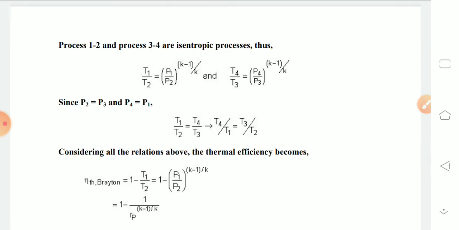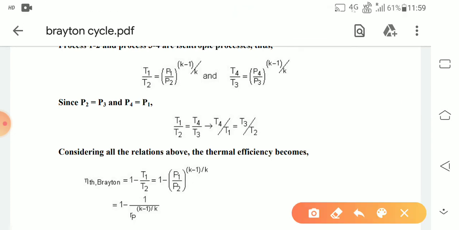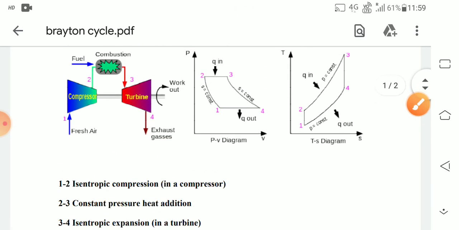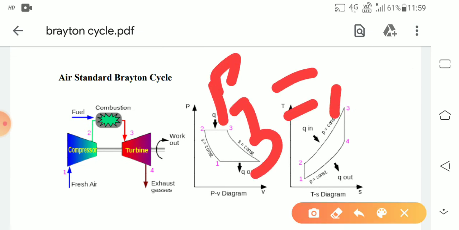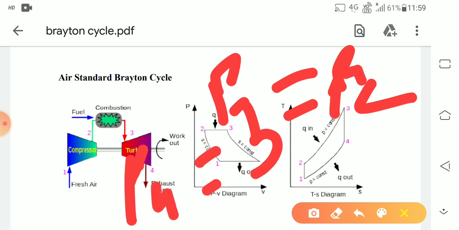For process 3 to 4 you can write T4 by T3 is equal to P4 by P3 whole power k minus 1 by k. Since the pressure remains constant, P3 is equal to P2 and P4 is equal to P1.